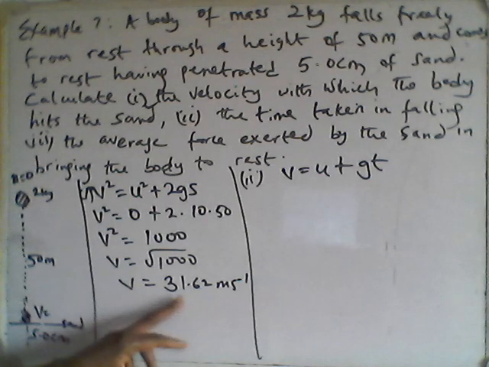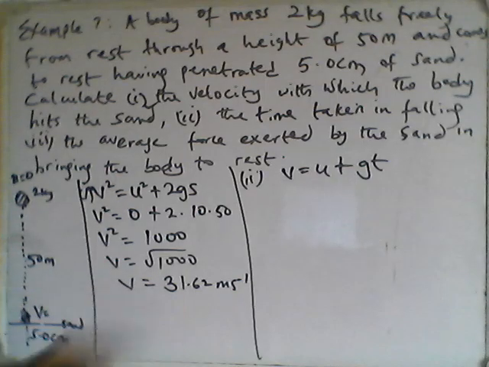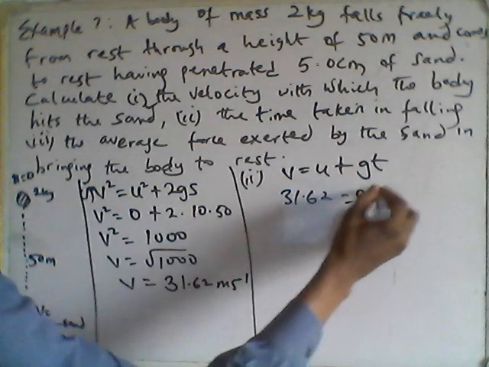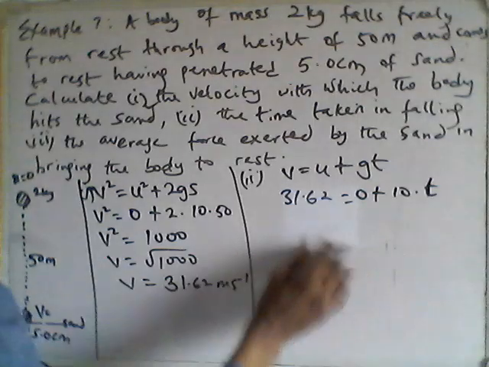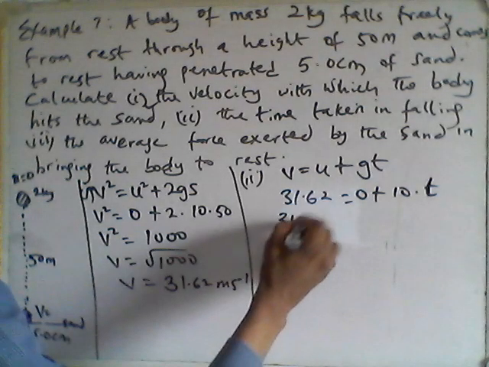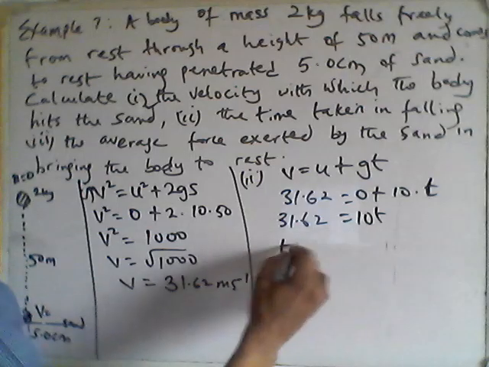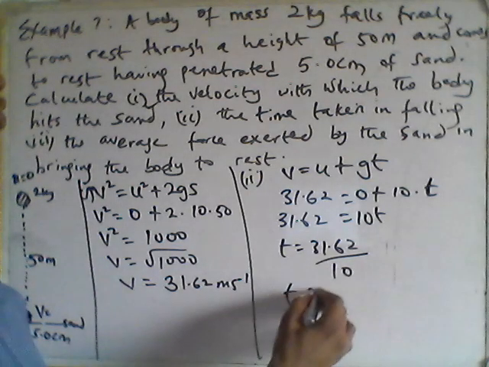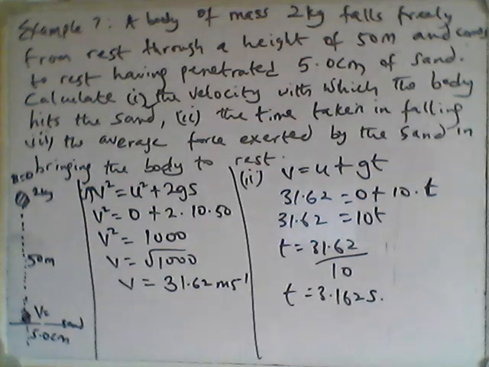But V, we've gotten as 31.62, right? So 31.62 is equal to 0 plus 10 times T. We're looking for T now, so 31.62 is equal to 10T, and T is equal to 31.62 over 10. T is equal to 3.162 seconds. So I've gotten that second question.